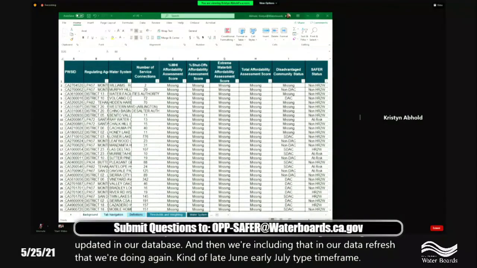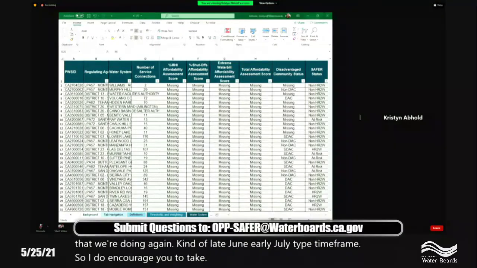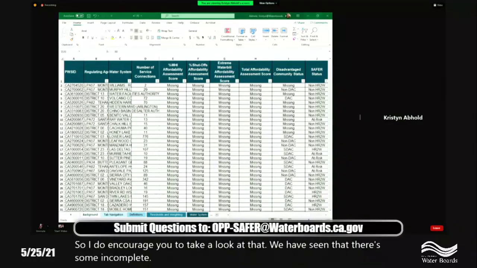So I do encourage you to take a look at that. We have seen that there's some incomplete data related to interties in our SWRCB inventory. Okay. Any other questions?